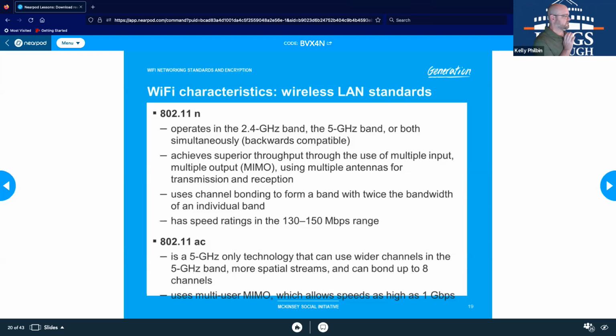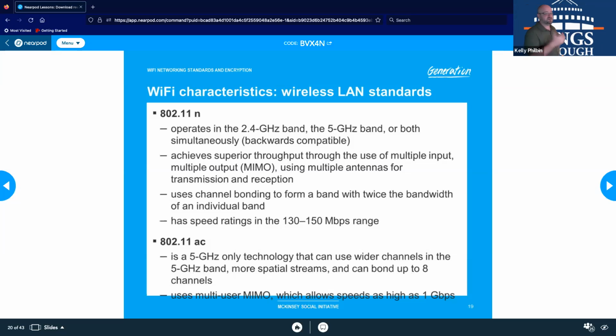And it allows for more spatial streams, so it's able to transmit the information a lot faster. It can bond up to 8 channels at a single time, which is really awesome, giving you much more robust throughput. And then if MIMO wasn't enough, they now have multi-user MIMO.